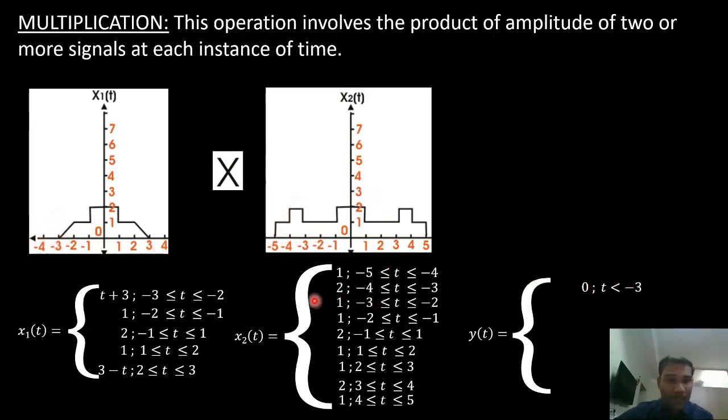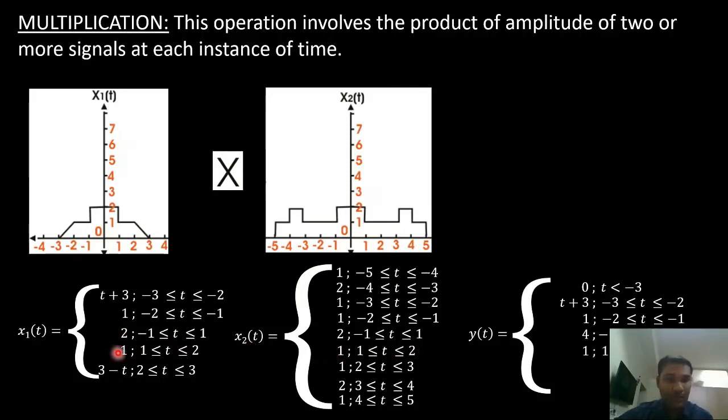And then from minus 3 to minus 2, we have 1 here and we have t plus 3 here. So it becomes t plus 3. From minus 2 to minus 1, we have 1 and 1. 1 into 1 is 1. From minus 1 to plus 1, we have 2 and we have 2. So 2 into 2 is 4. From 1 to 2, we have 1 and we have 1.